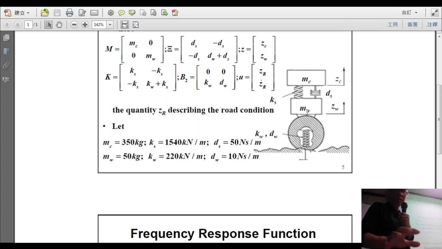And so that's almost exactly the same example I give to you in the class, in the note. The understanding now? So just assume that we have MC, KS, and DS, and that touched the ground.